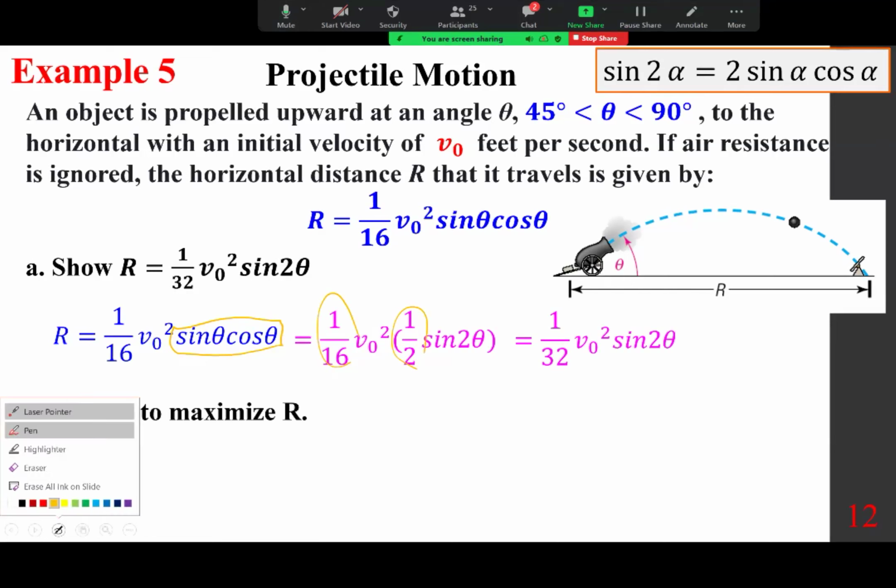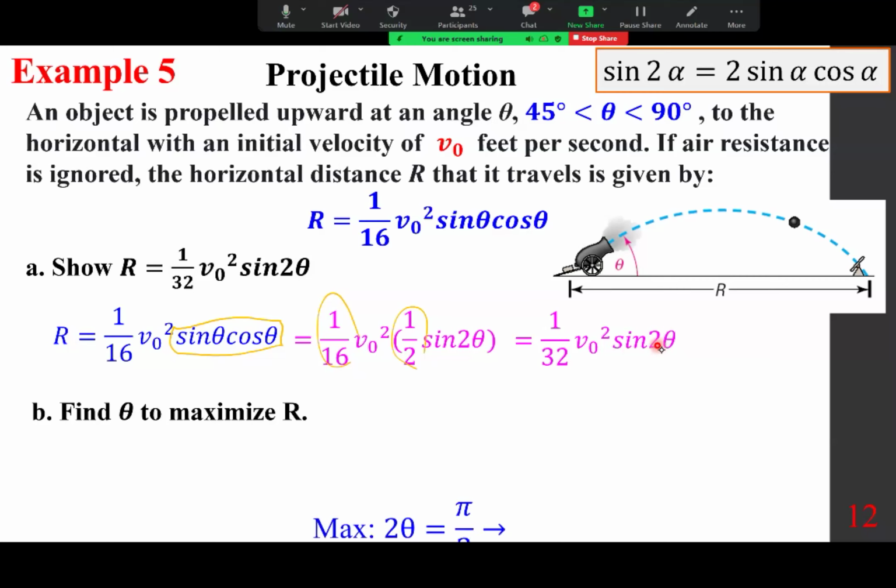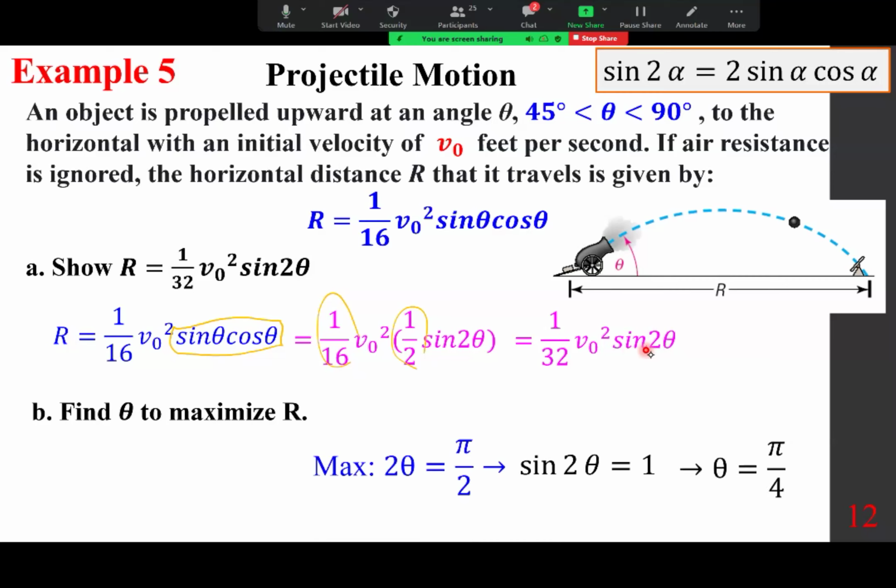Find theta to maximize r. So if r is 1/32 v0 squared sine 2 theta, and this number is fixed, v0 is the initial velocity, it's fixed. So what can you do to this? Sine will become maximum when its argument is pi over 2. So when 2 theta is pi over 2, it becomes 1. So sine 2 theta equals 1 if it's pi over 2, and theta must be pi over 4.